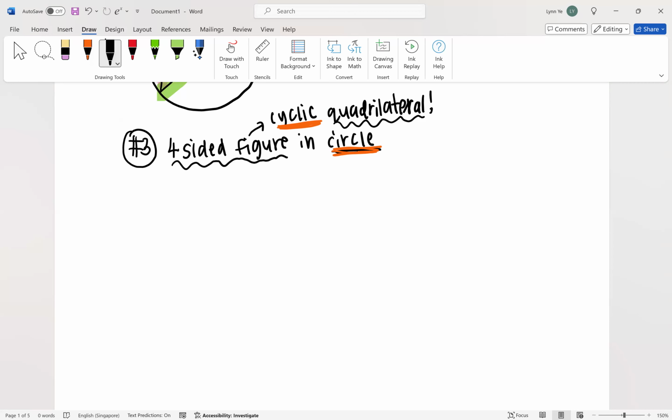So where's a four-sided figure? You need to be very careful. Remember, just now I told you location matters. The four-sided figure must be touching the four corners of a circle.